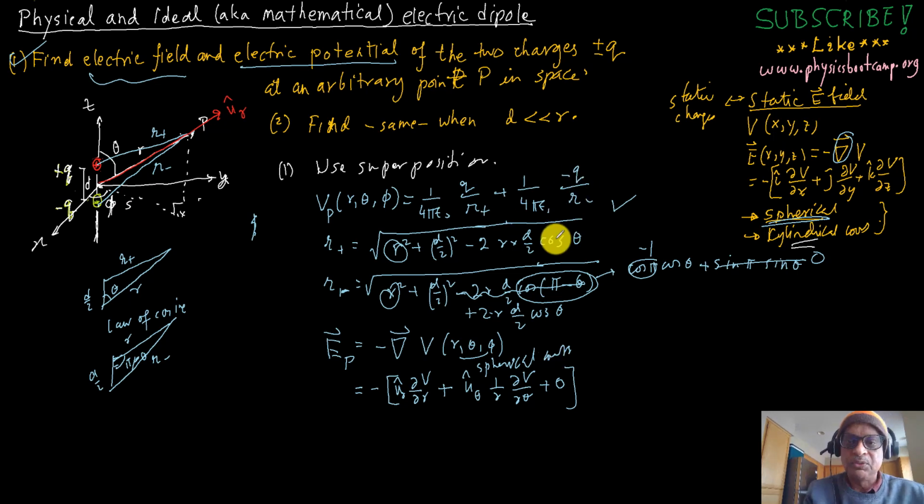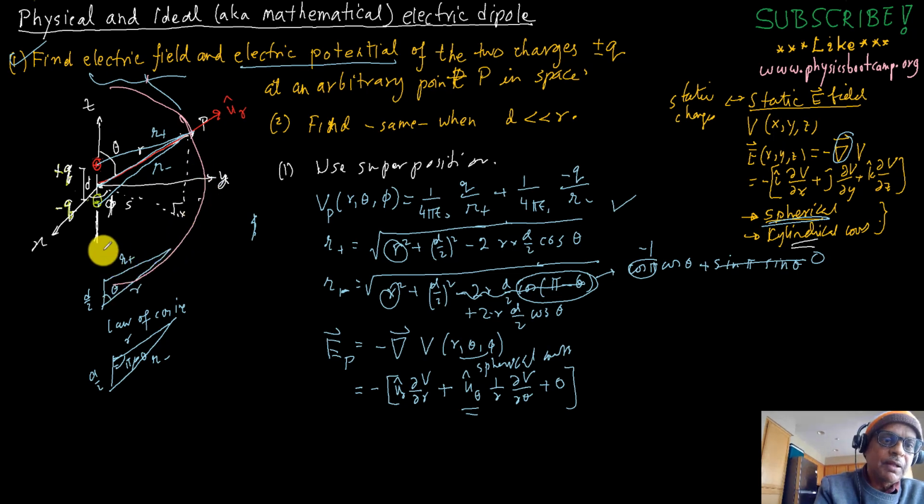We don't need to include phi because there's no phi here. So what is this direction? Let's draw another picture. We have a great circle here that goes from the North Pole to the South Pole, going through the point P. The direction in which theta is increasing is this direction. So this is 90 degrees to that, and this is the u hat theta direction.